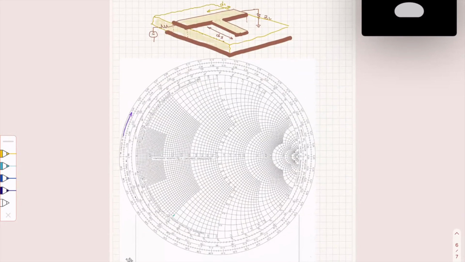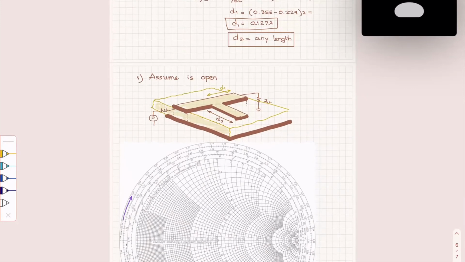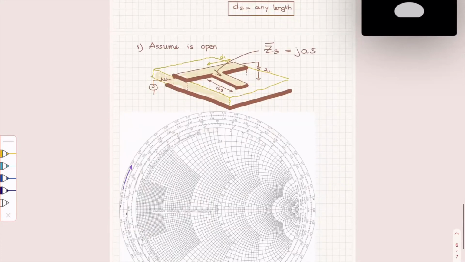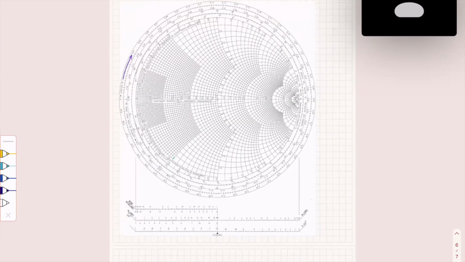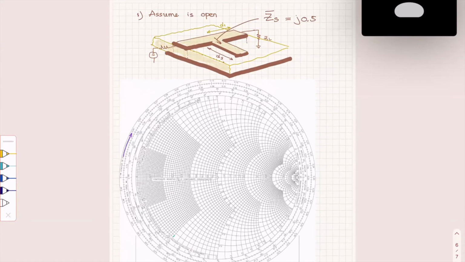I have a stub that has a Z sub S, the impedance of the stub. So as I see here, this one is my Z sub S for the stub, and this is j0.5, as I found above. So what I have to do is, first of all, start at the end of the stub, which is open.